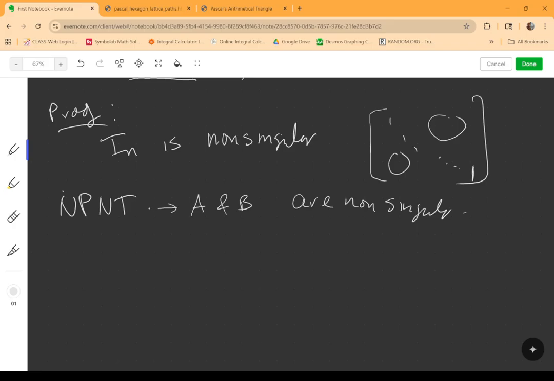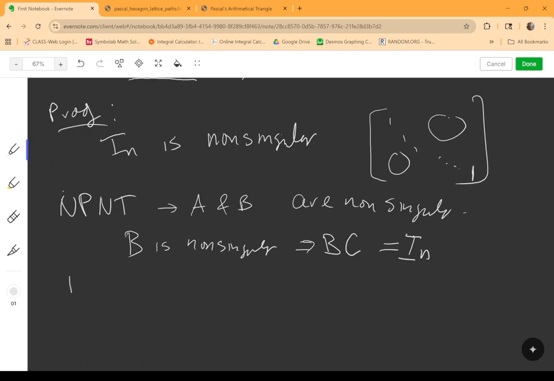If B is non-singular, that means that there exists some matrix C that I can multiply B on the right to equal the identity matrix. That was one of our theorems that related non-singular matrices with the identity. So B is non-singular, so this matrix C exists.